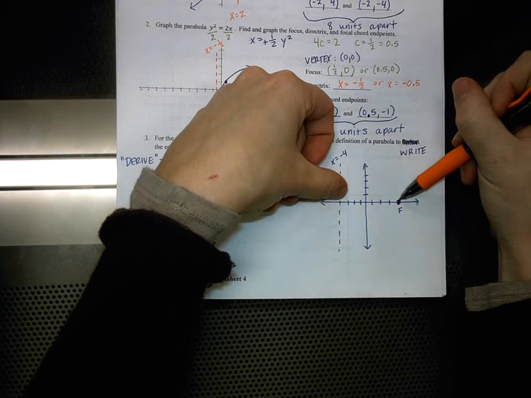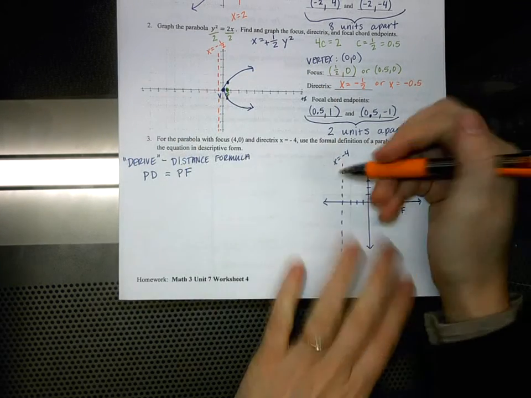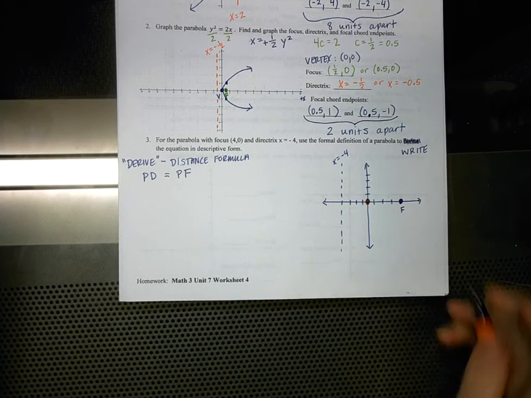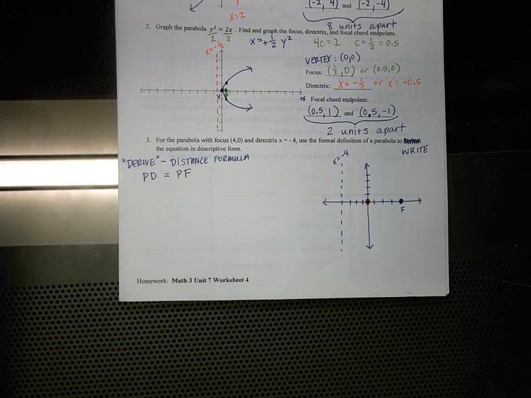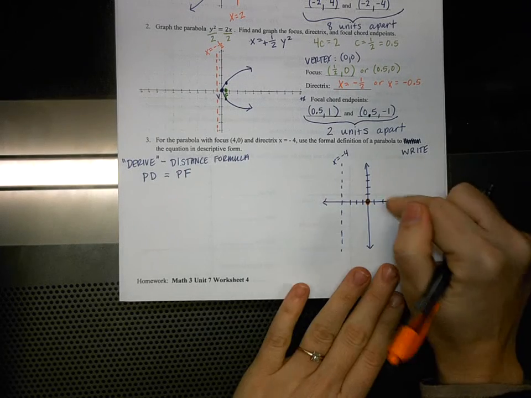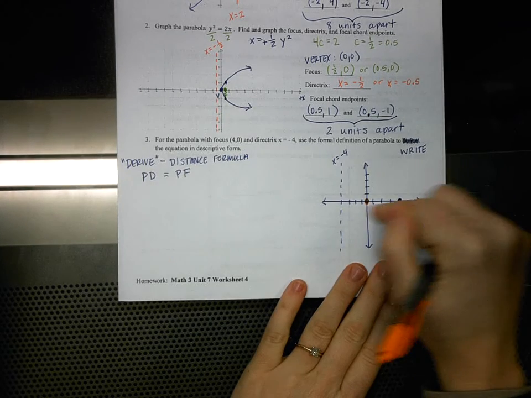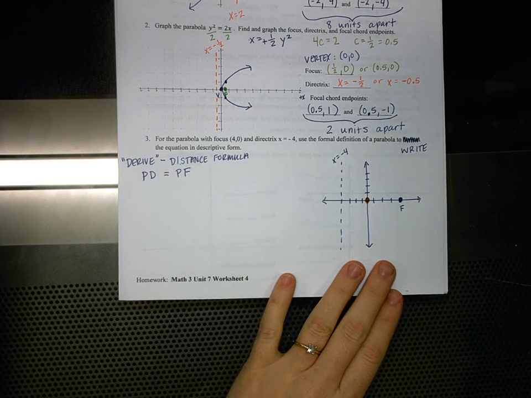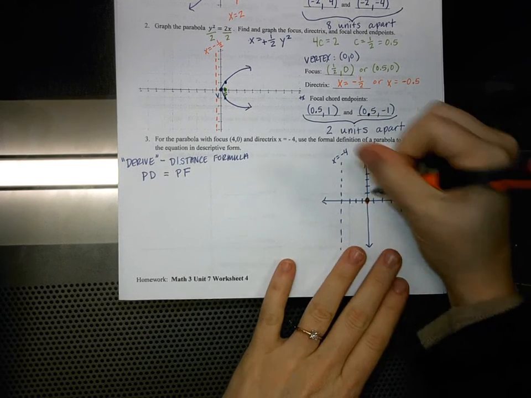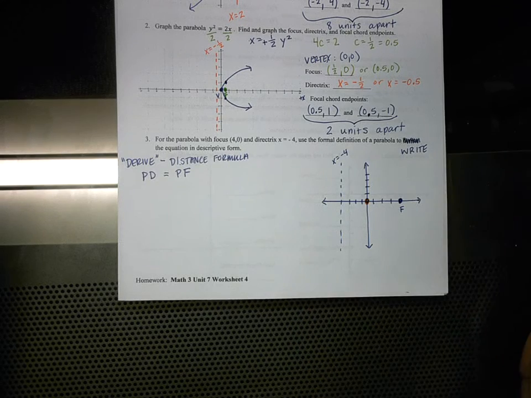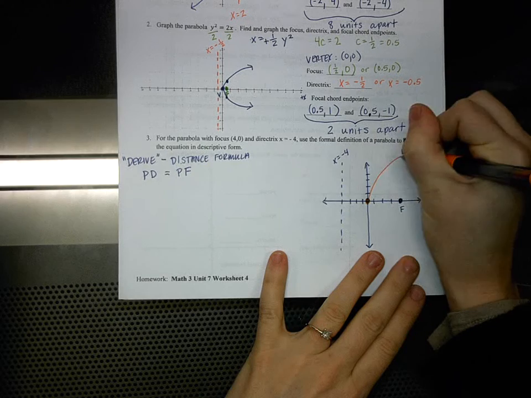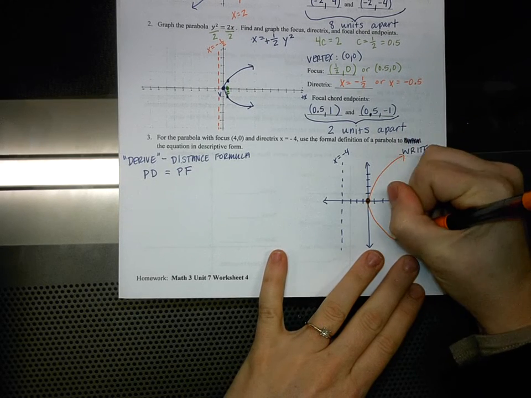So if I go in 4 on either side, they meet in the middle at 0, 0, right? That's why you know, first of all, that you have no shift, is because it has to line up with the focus and it has to be directly in the middle. Okay, so we know that this parabola opens which direction? To the right, because it has to open toward the focus.